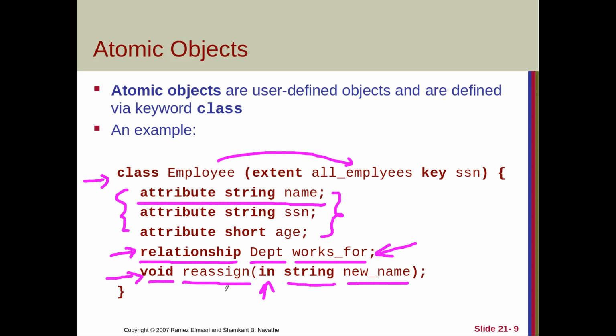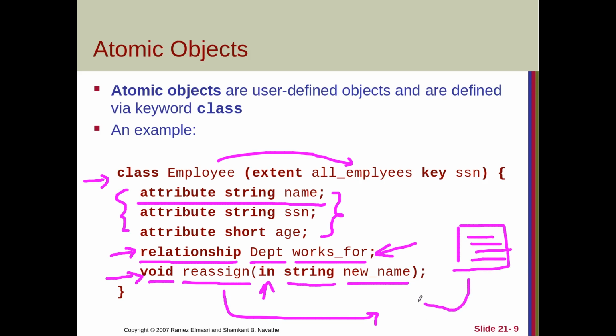Normally all these are written inside the class, but in object-oriented databases, these operations are defined outside by using any object-oriented programming language. Maybe this reassign will be defined by using C++ or Java. So we need to mix that external object-oriented programming language along with the object data management group.